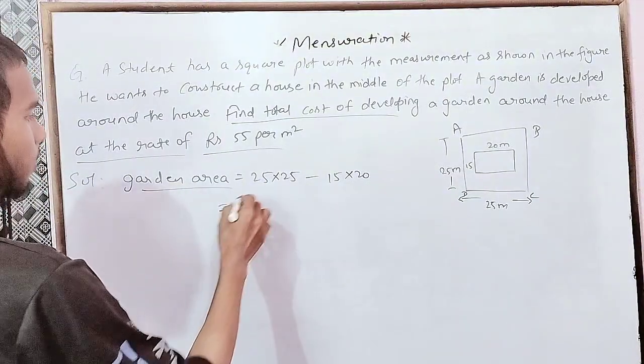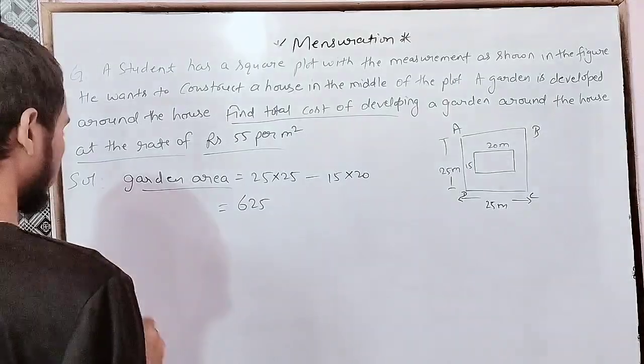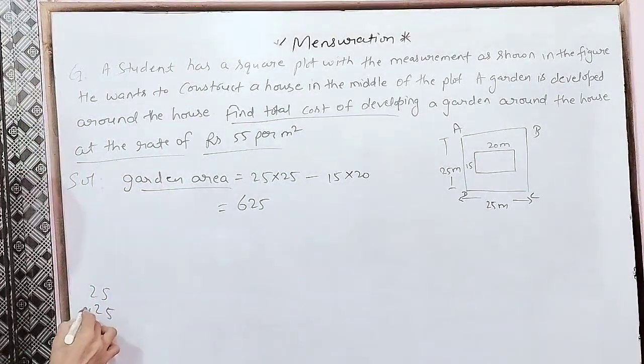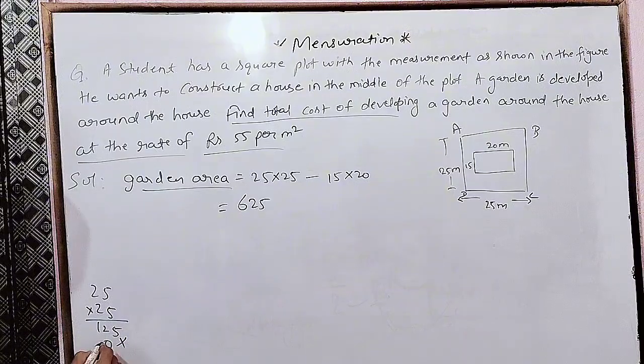Now 25 multiplied by 25 would be 625. 5 5s are 25, 2 5 2s are 10, 12, 2 5s are 10, 2 4s are 8, 9, 5, 2 2s are 4, 4 and 1, 5. So here would be 625. This is correct.